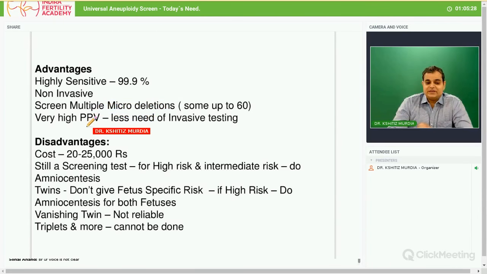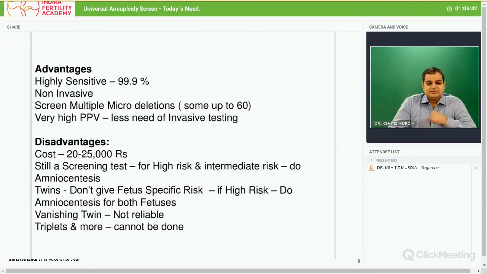Second, it still is a screening test, not a confirmatory test, because the DNA we are testing here is from trophoblastic cells, not the proper fetal genome. That's why it's not a confirmatory or diagnostic test. If it comes back high risk or intermediate, then we again have to perform amniocentesis or CVS. So again, it multiplies the cost associated with it.